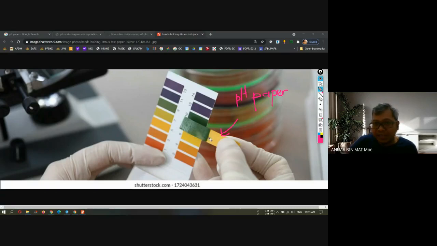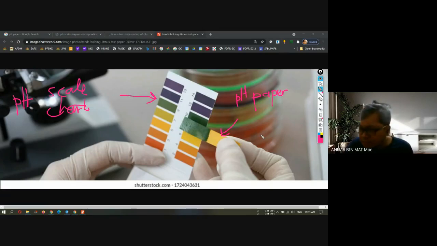And then you can see the color changes here. What's the color here? The color is about green. And then you must match the color produced in the pH paper with the scale here. This is what we call the pH scale or the chart. And then you can estimate, what is the value of the substance here? Is it acid or alkali?